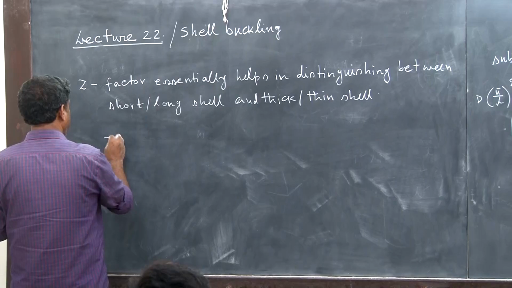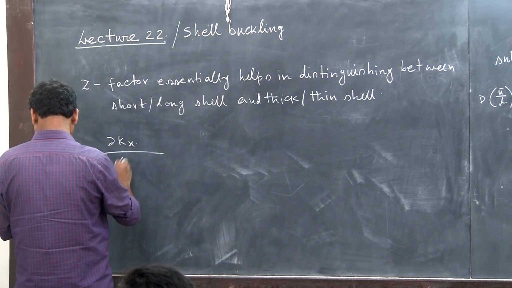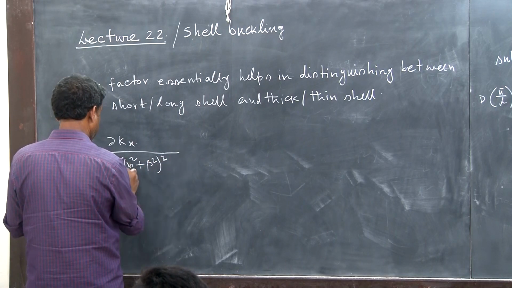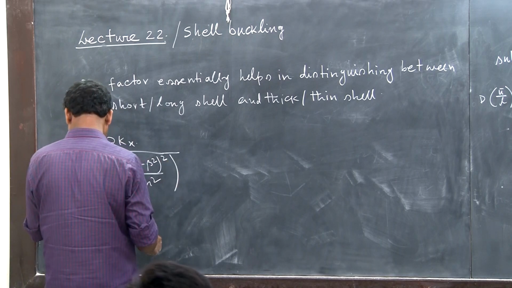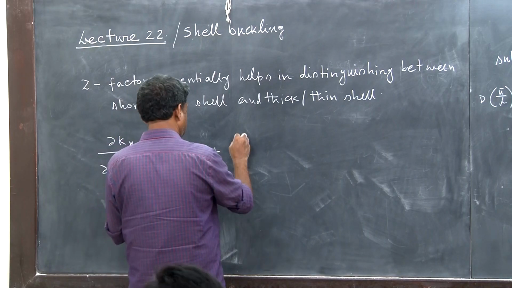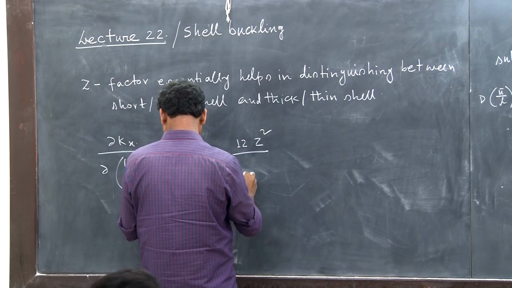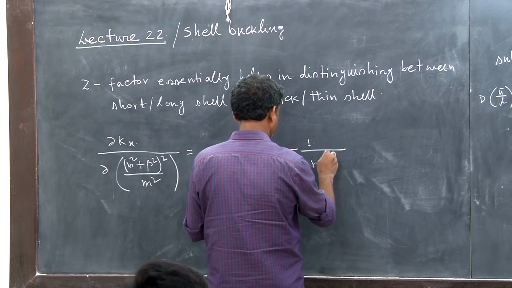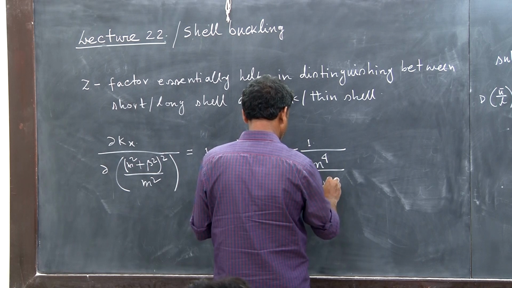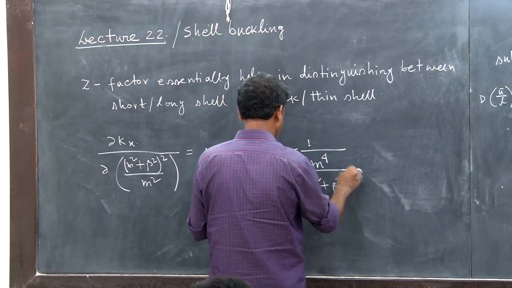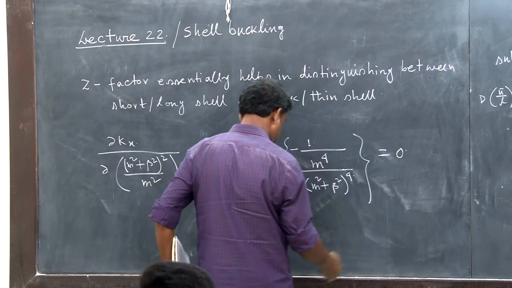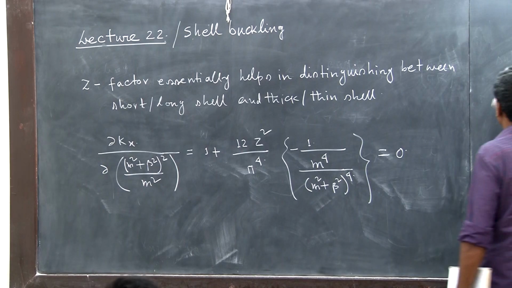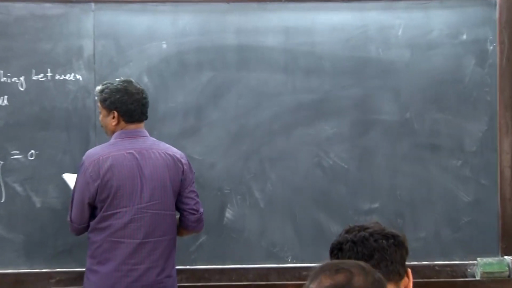So if we do that, del Kx by del m square plus beta square, and then you will see from there, you will get a condition for minimization.